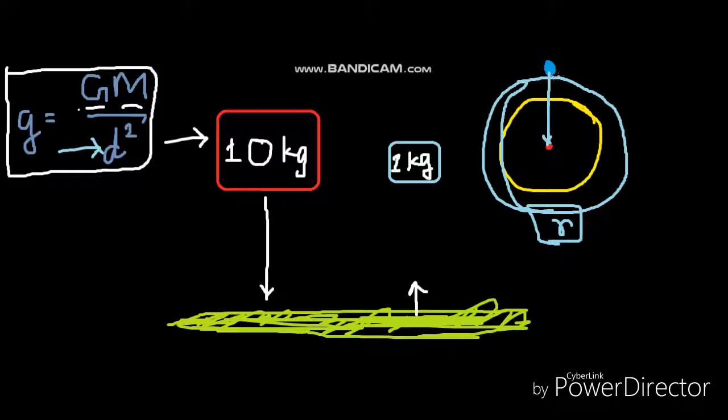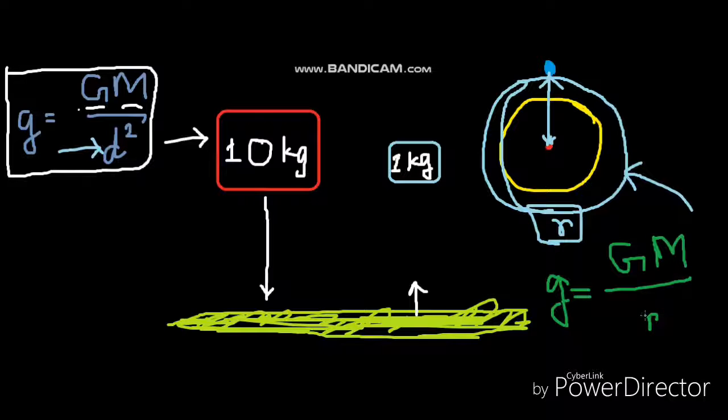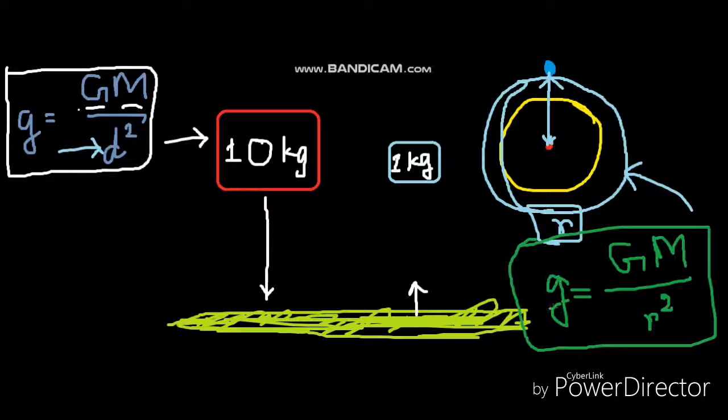If you have keen eyes, you will see that this distance is really the radius of this circle. And so we can rewrite this equation like this: gravitational acceleration is gravitational constant times mass of the earth divided by r squared. And this is actually the equation for gravitational acceleration.